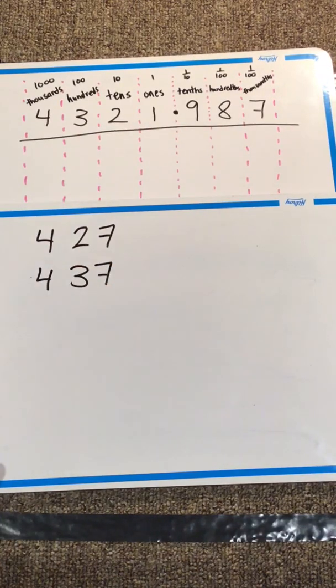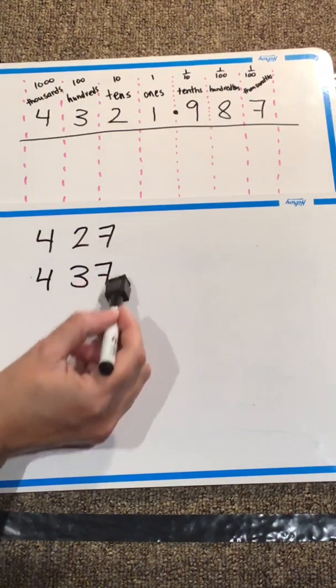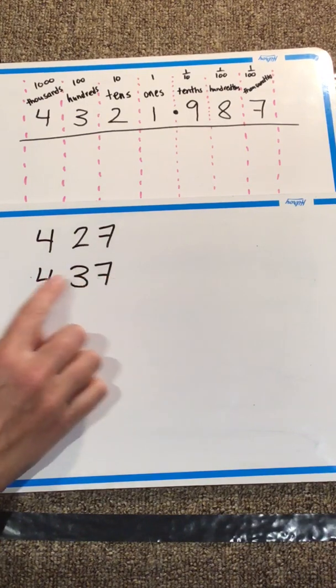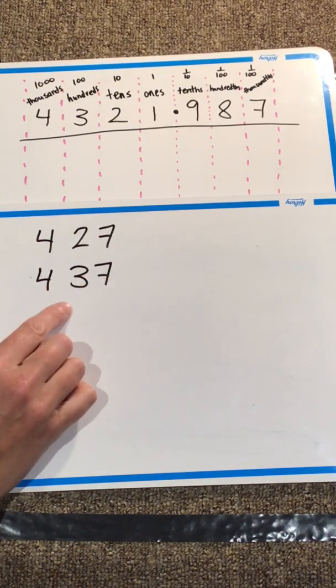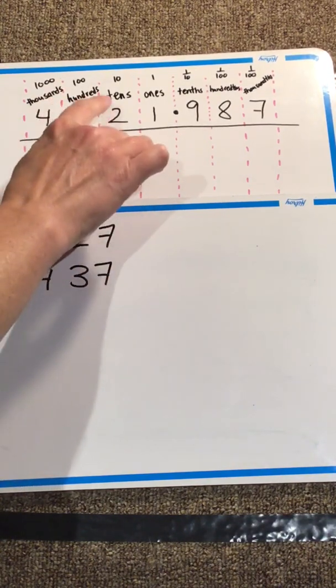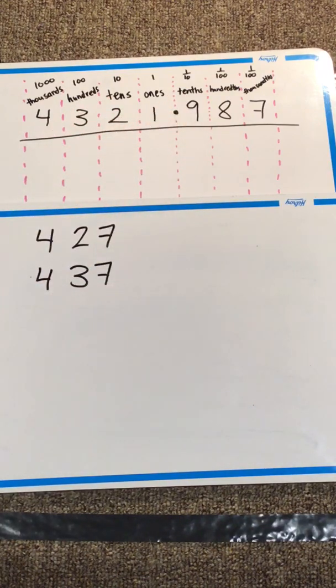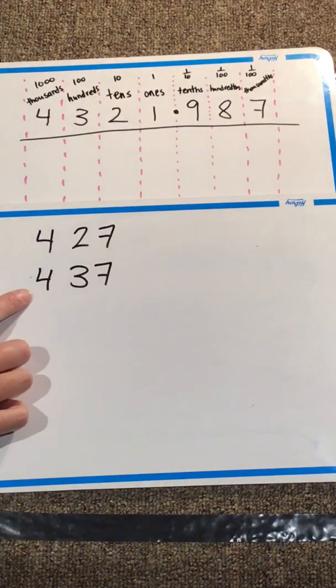So I want to know which one of those is going to be bigger. So I've lined them up. Remember, our imaginary decimal point is in here, so we line them up on the right. And we know that hundreds are bigger than tens, right? Hundreds are bigger than tens are bigger than ones are bigger than tenths. So we start out with the biggest thing, because that's going to make the biggest difference.